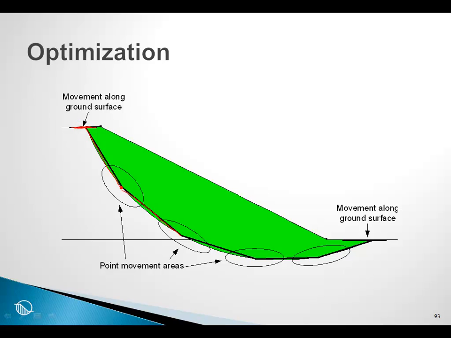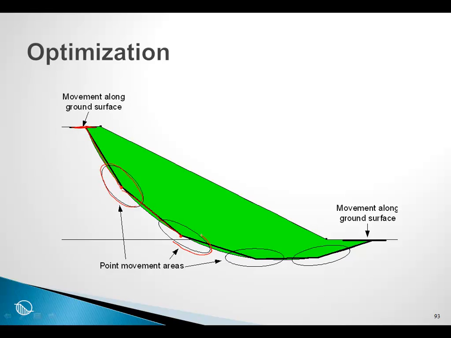Next, SLOPE/W moves to the next point and searches within some elliptical area and moves the point around, again trying to find if there is a factor of safety that is lower than what was found from the critical for the arc of a circle. And so it goes. Next is this point.